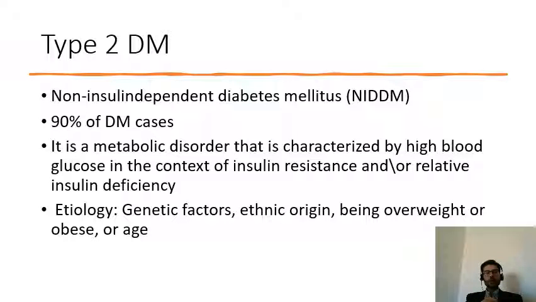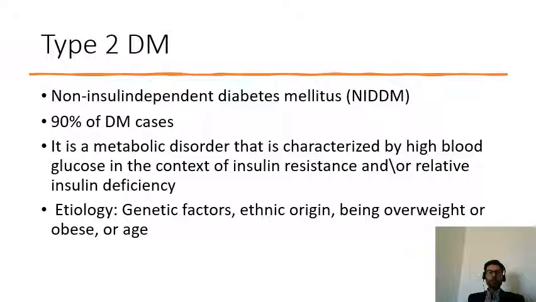But here I want you to understand that type 2 diabetes is non-insulin dependent. We usually start giving patients medication, and the reason for this, as I explained previously, is that patients with type 2 diabetes mellitus may have a sufficient amount of insulin, but the main issue is insulin resistance. So we want to solve the issue of insulin resistance in order to control type 2 diabetes.